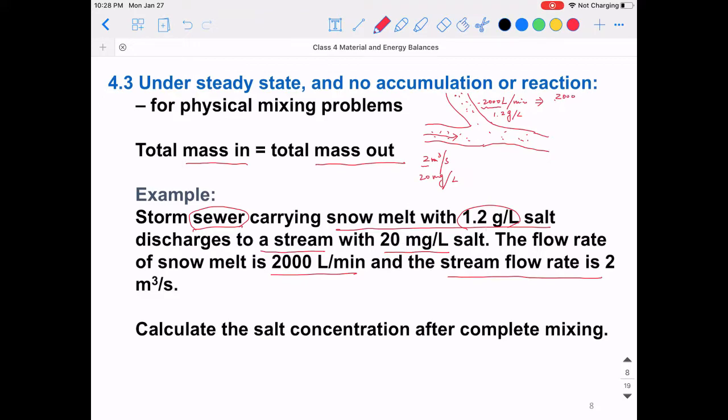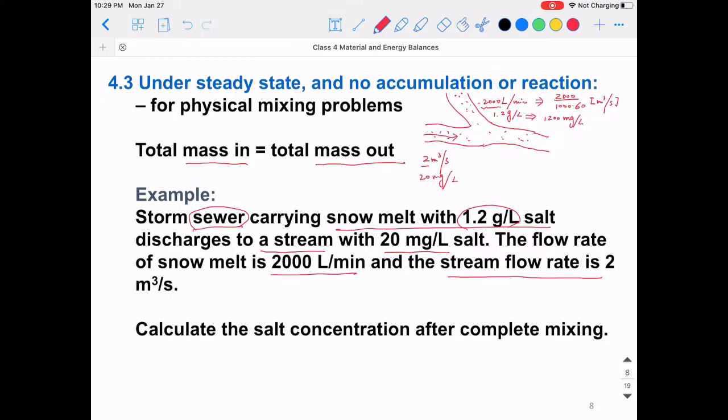So we should further divide this 2,000 by 60 to convert that into cubic meter per second. Similarly, we should convert this unit here to 1,200 milligram per liter.